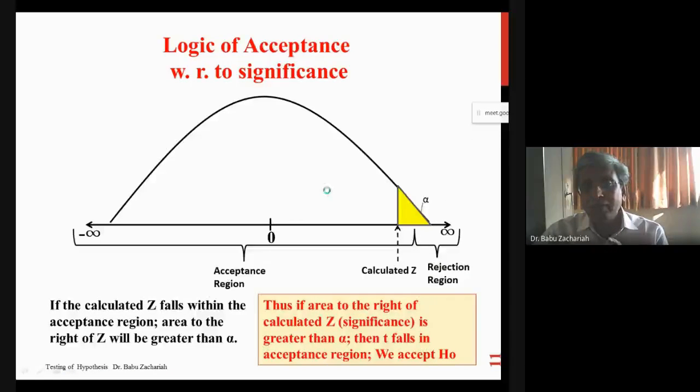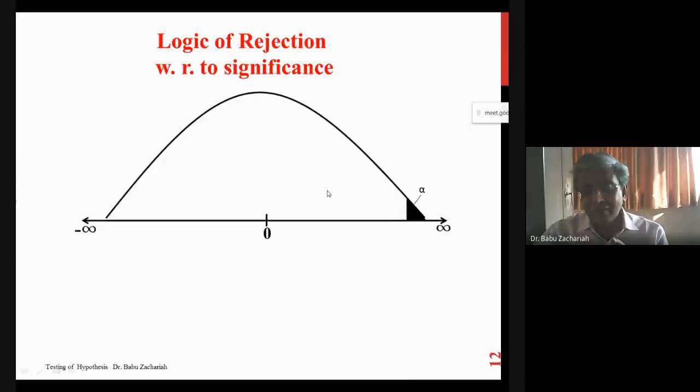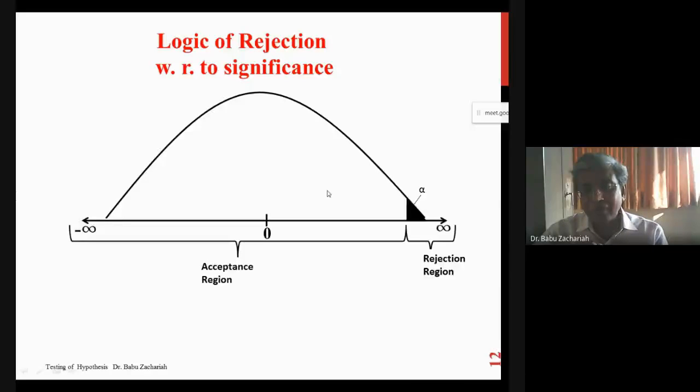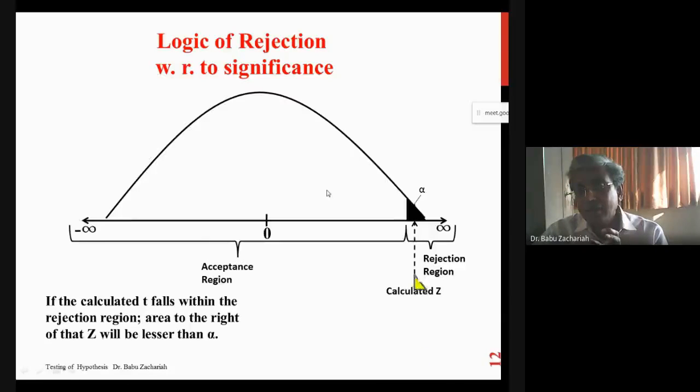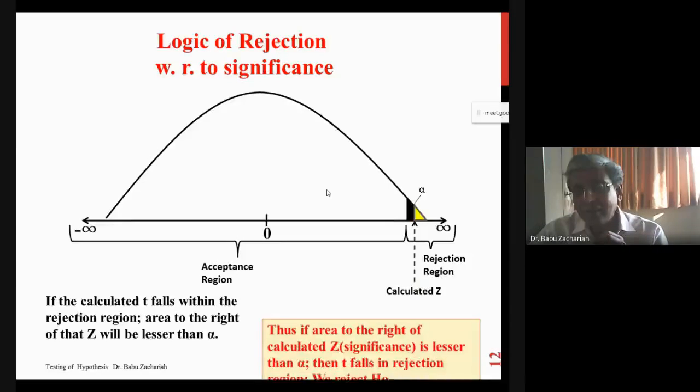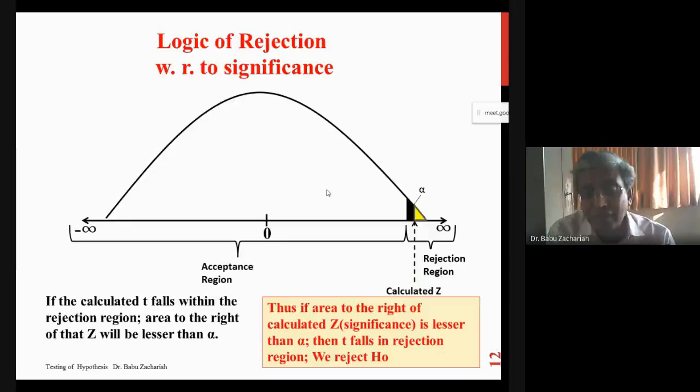Now, when do we reject? Like last time, the setup is here. Suppose T or Z falls there. Then the area to its right will be only this. That will be smaller than alpha. If the area to the right is smaller than alpha, we reject H naught. Thus, if the area to the right of Z is lesser than alpha, we reject it.